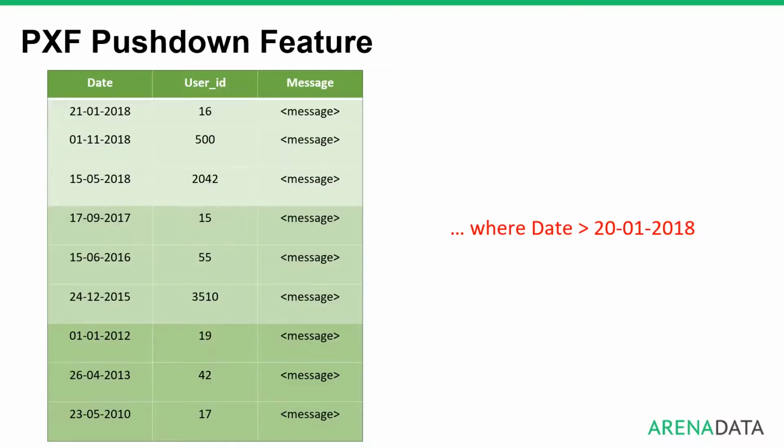And actually, the greatest feature which we added to the PXF and the polymorphic table storage option is pushdown. When you query the data where the date is more than January 2018, the first thing is that Greenplum allows you to eliminate the unnecessary partitions with unnecessary data. So this technology just queries the data which has the appropriate information about this query.